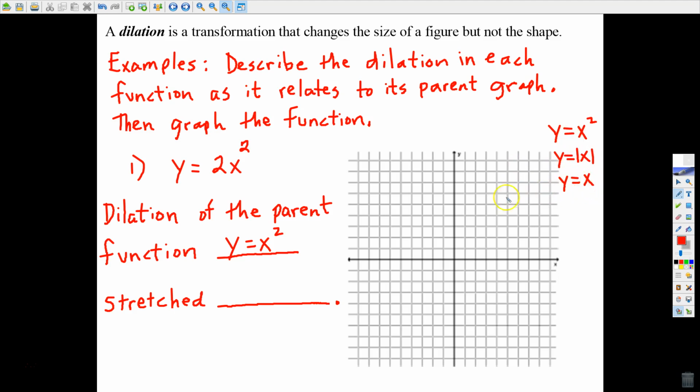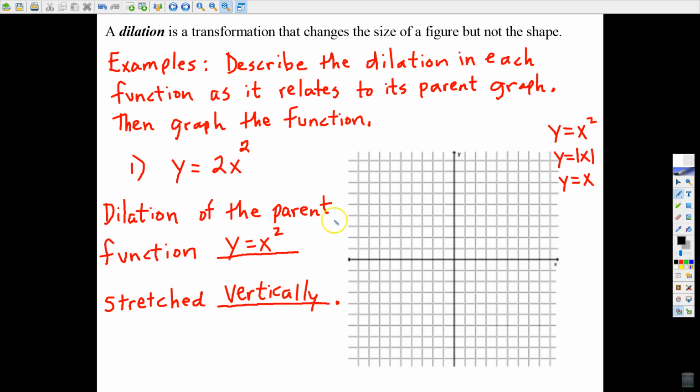We're going to add to this list as we get further into the year, but at this point the answer to this part will be one of these 3 functions. These are the parent functions that we know so far. I notice that the number we call a in front of x squared is greater than 1, so that creates vertical stretch, or in this case I'm phrasing it as stretched vertically.